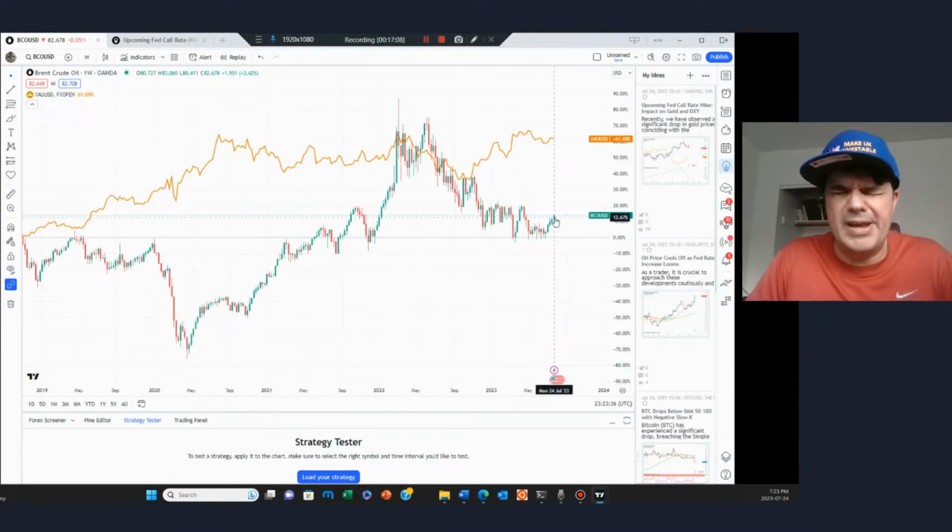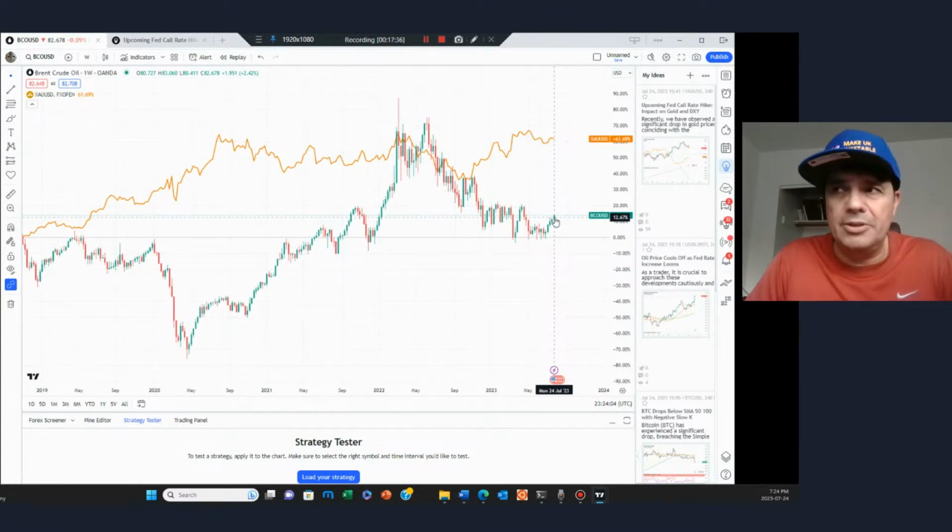Obviously, the other one is Russia, how much oil it produces, and how much oil China takes in, as well as India. India is another big player as well. But what they do is India will import Russian oil, refine it, and then resell it on the market, namely to Europe. So if Europe's in a recession, those orders aren't going to be as big.